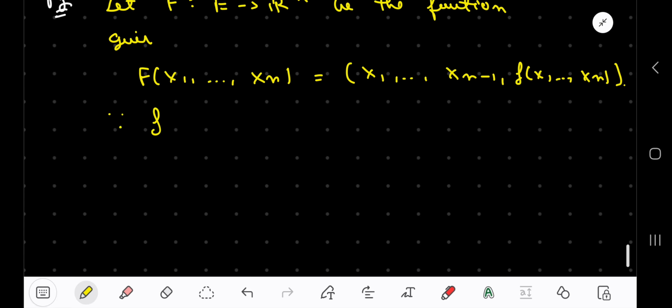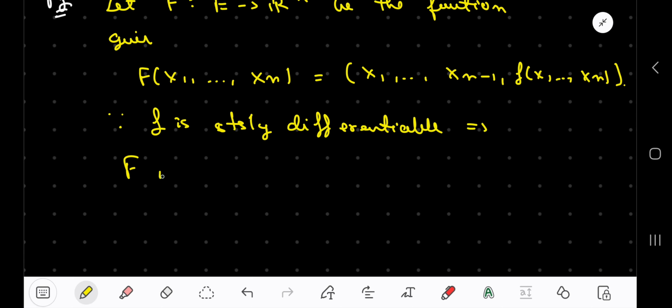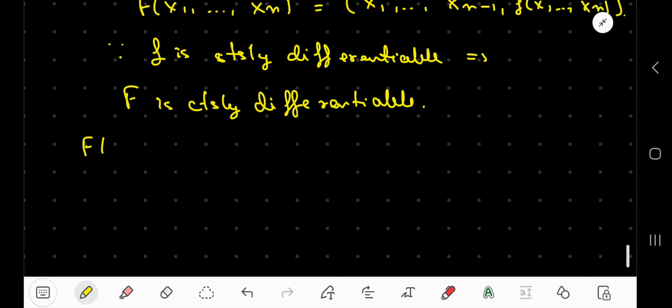Now since f is continuously differentiable, this implies that capital F is also continuously differentiable. And what is F of y?